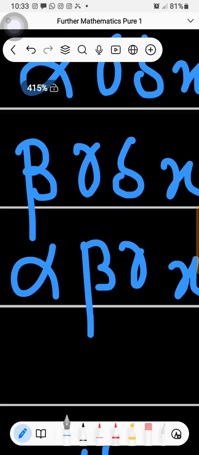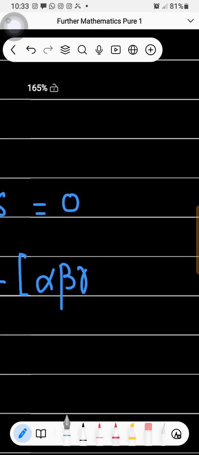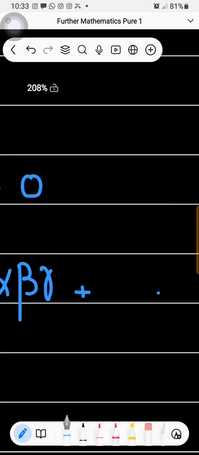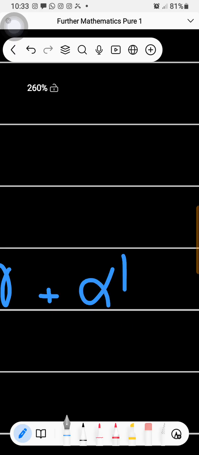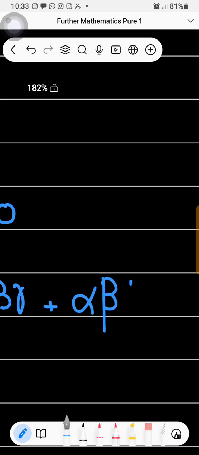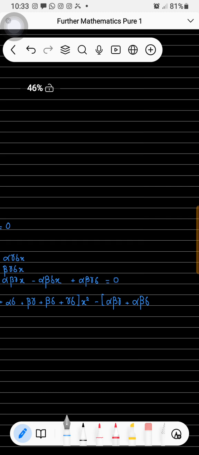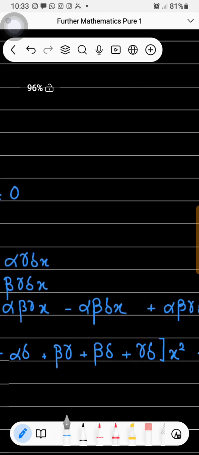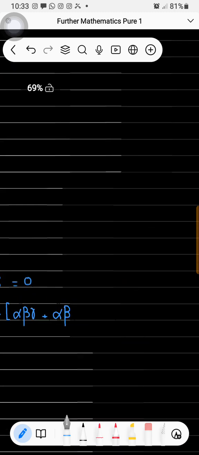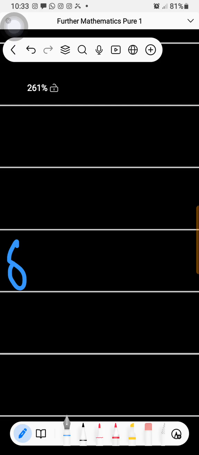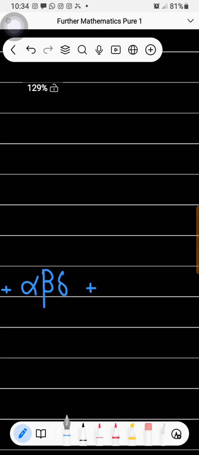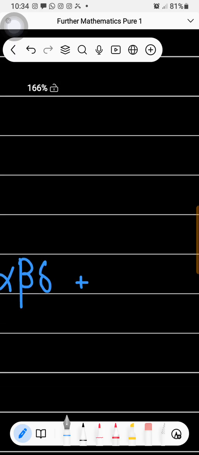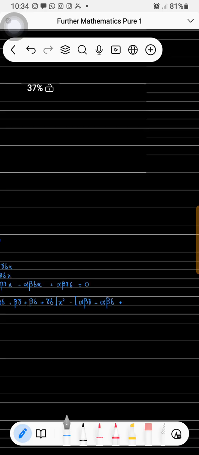Alpha beta gamma is here. Then I will write alpha beta delta. Here is alpha beta delta.